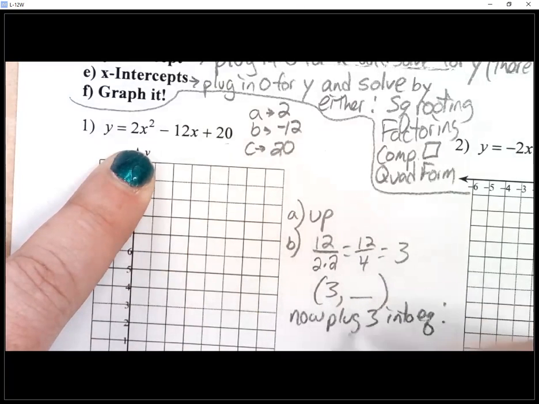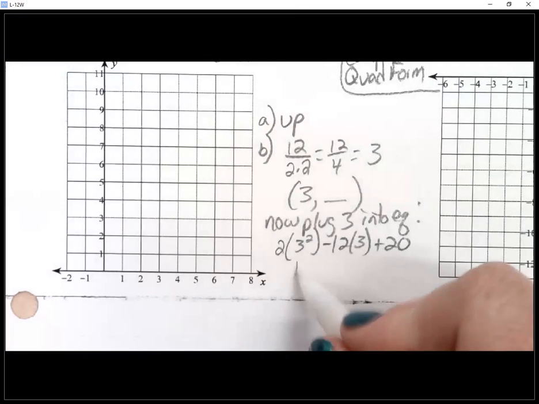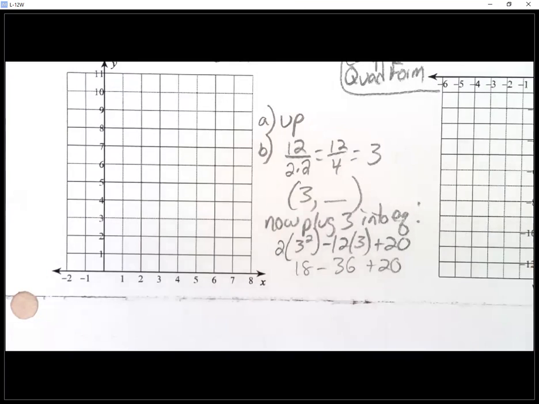So 2 times 3 squared minus 12 times 3 plus 20. Let's see what comes out when I do that. 18 minus 36 plus 20 is 2?